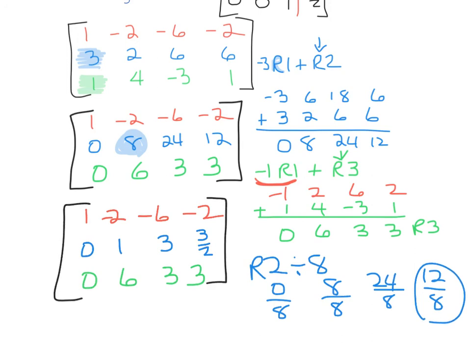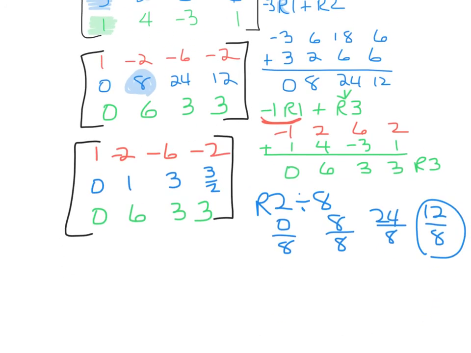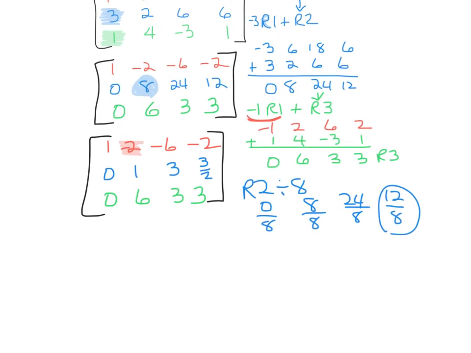All right, now I need to make the -2 become a 0. And I also need to make the 6 become a 0. So I'm going to do the -2 first. So again, the row that I just made become the 1, which is row 2, that's what I'm multiplying. So I'm going to take row 2, and I'm multiplying row 2 by positive 2, and then adding it to row 1.